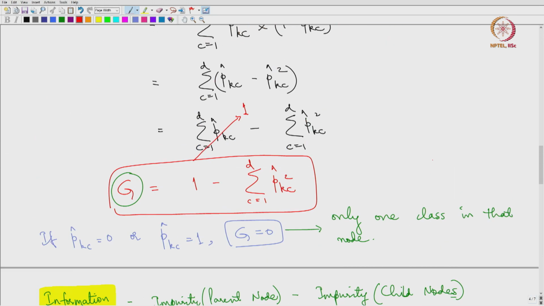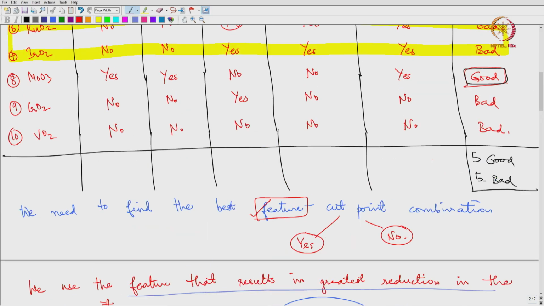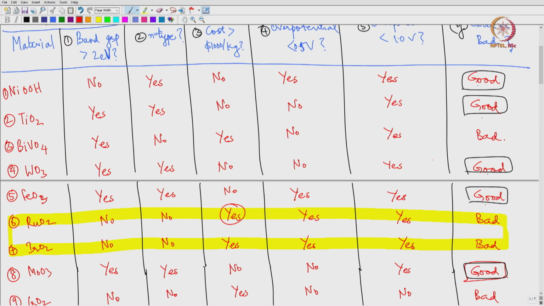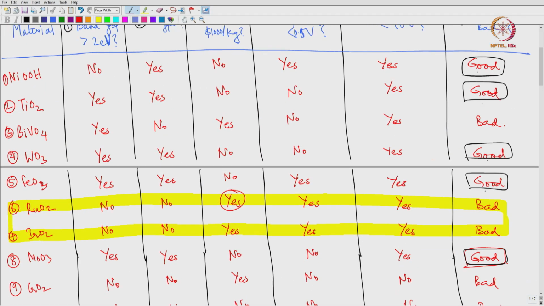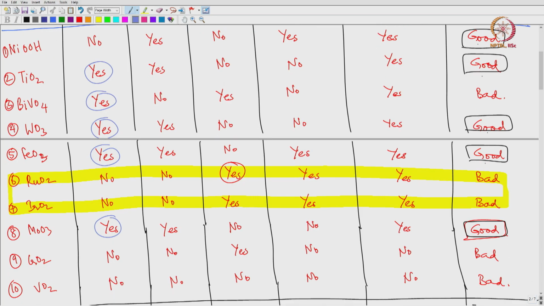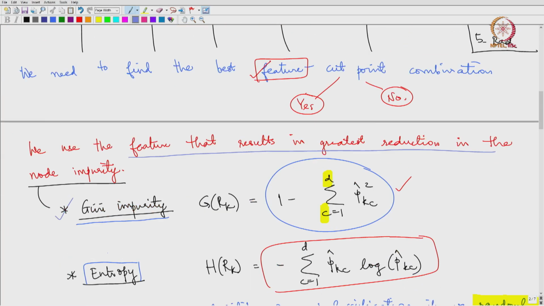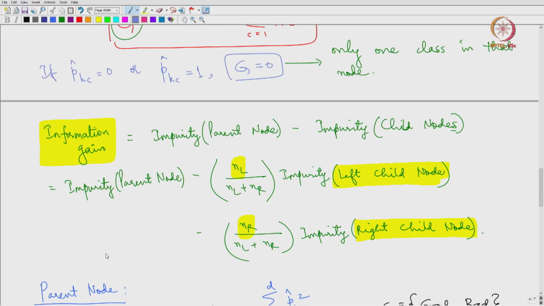So let us go back to the table. Band gap greater than 2 eV, how many points are saying yes? So 1, 2, 3, 4 and 5. That means that the left region has 5 points, and because the total number of points we are considering is 10, the right region also has 5 points.